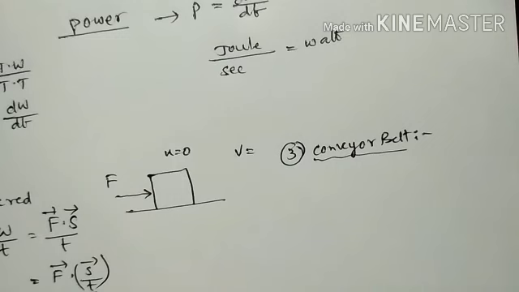The objects go inside, they are scanned, and again they come out. That arrangement is called a conveyor belt.